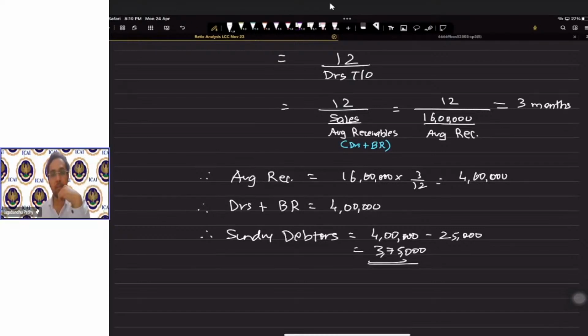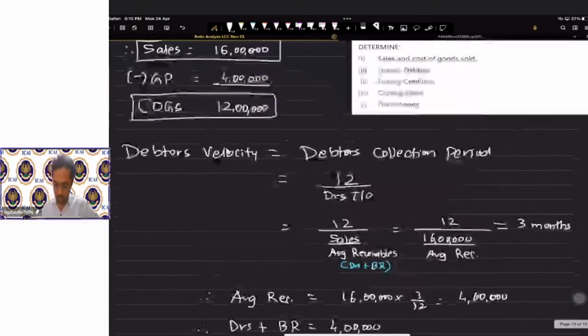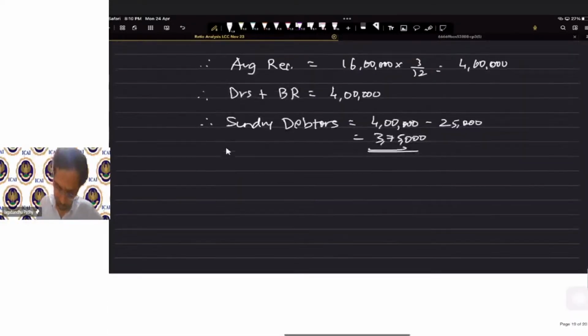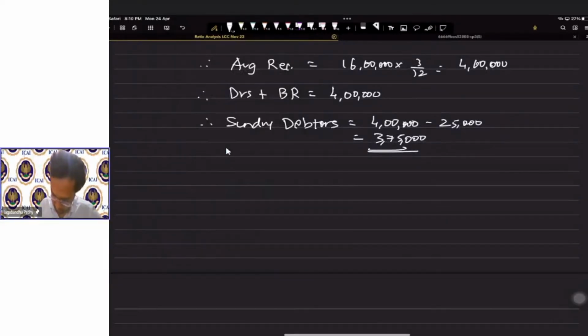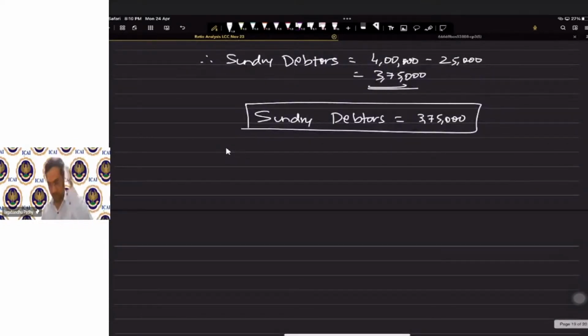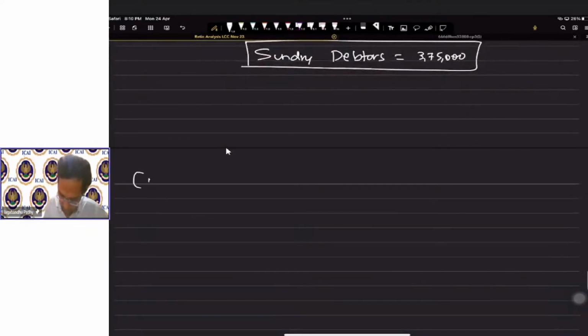Now, similarly, we have to look for the sundry creditors part. For that, we'll have to use the creditors velocity. We have sundry debtors as 3,75,000.